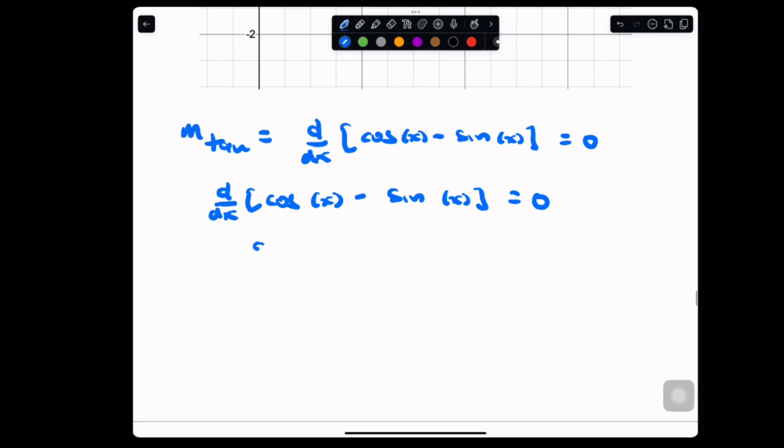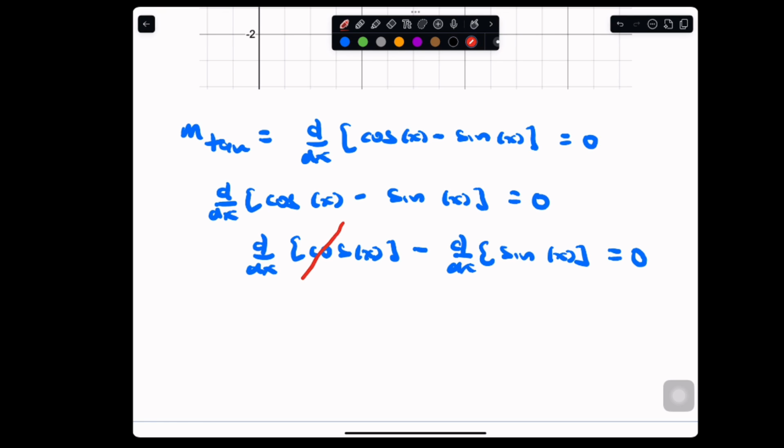The derivative of a difference is the difference of derivatives. All right, what's the derivative of cosine again? Negative sine. What's the derivative of sine? Cosine.